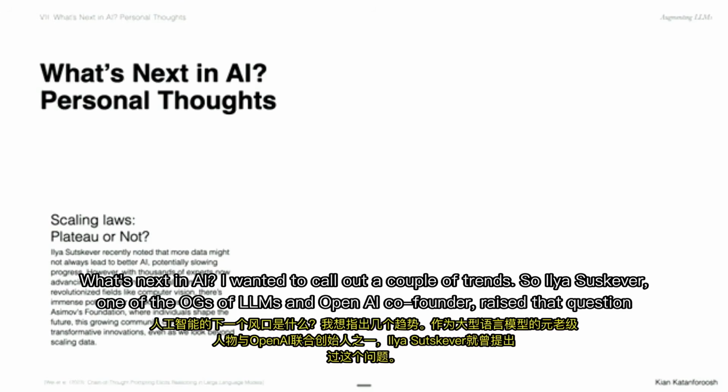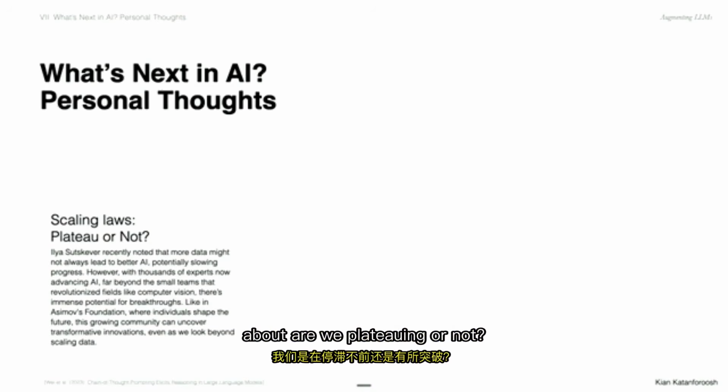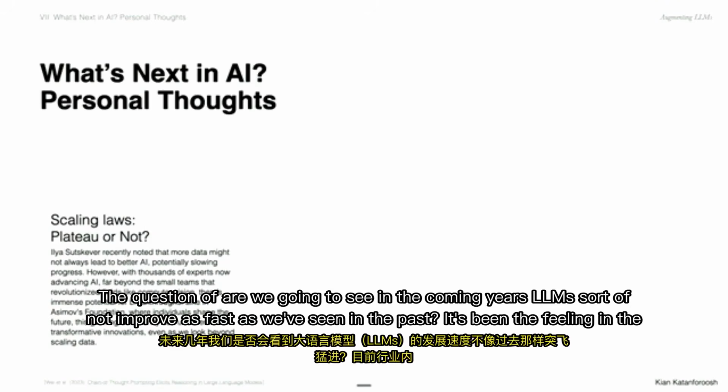What's next in AI. I wanted to call out a couple of trends. So Ilya Sutskever, one of the OGs of LLMs, and OpenAI co-founder, raised that question about, are we plateauing or not? The question of, are we going to see in the coming years LLMs sort of not improve as fast as we've seen in the past?